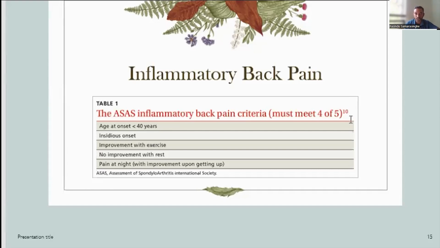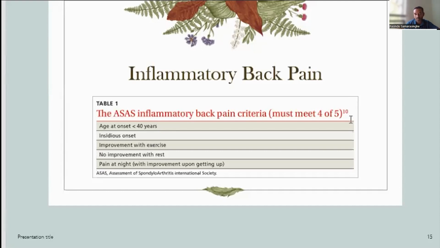So when you get a patient with back pain at a younger age, and if it has an insidious onset, you need to ask a few more questions. Ask when is the pain worse? Is it more in the morning or the evening? If it's a night pain which is worse in the morning and then improved after getting up, you're dealing with inflammatory back pain, and there is improvement with exercise.